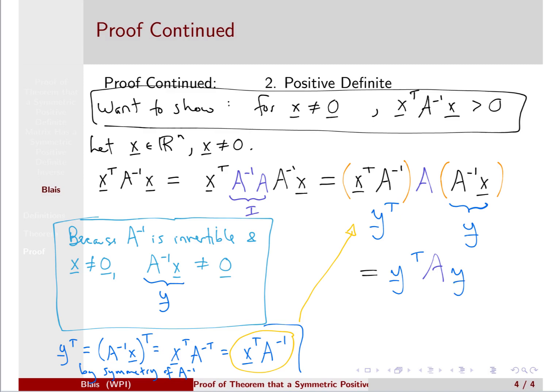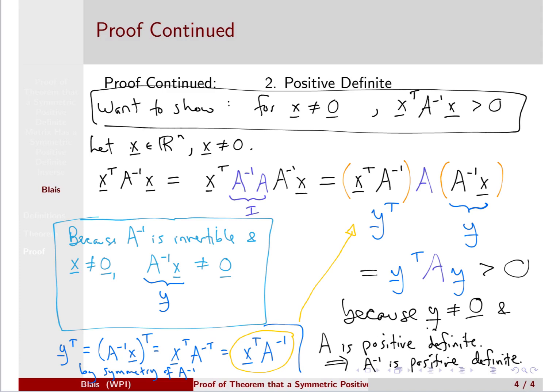And remember, y is non-zero, which means this must be positive. Again, because y is not the zero vector, and we haven't used this yet, A is positive definite. Thus we have proved our goal.